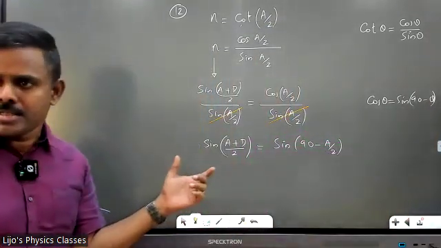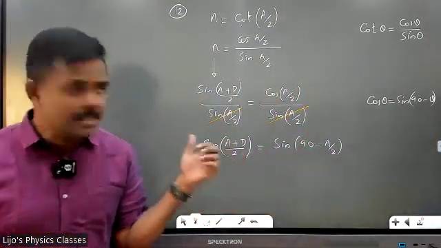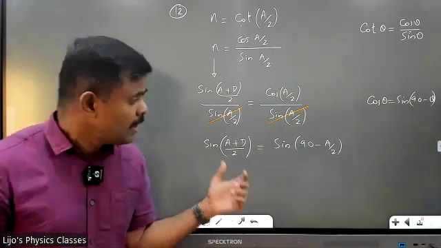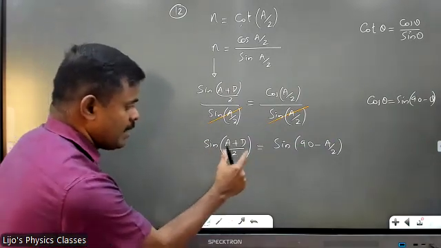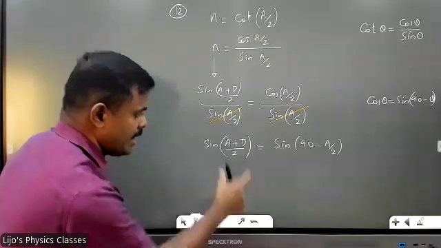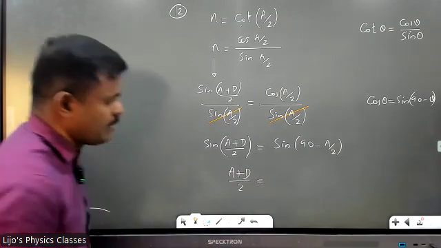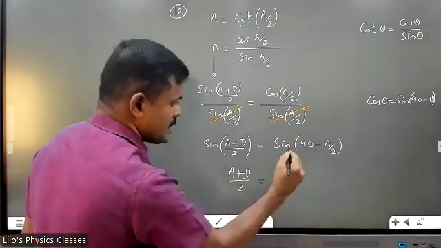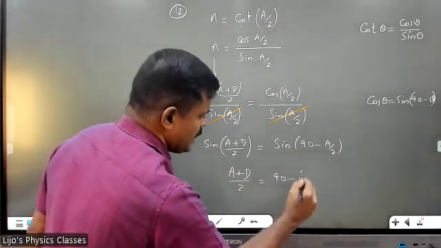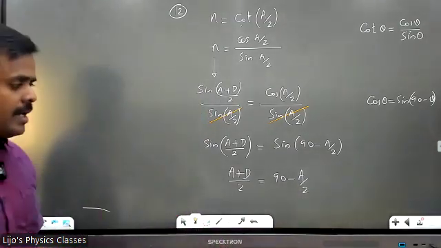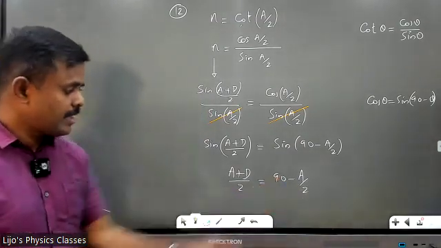These are unique questions. There is no other question of this kind, but this has come in the past. So (A plus D) by 2 is equal to 90 minus A by 2. The last step, I'll take 2 to the right hand side.